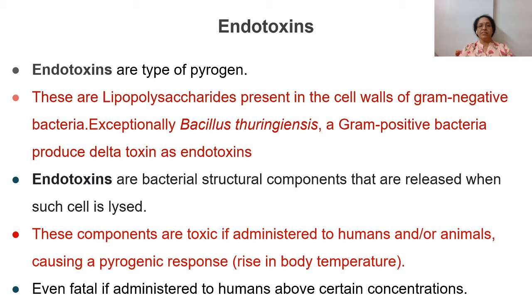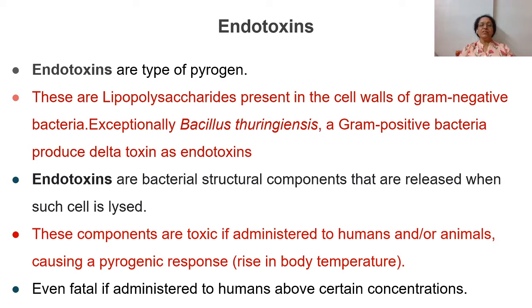bacterial cells. So when infection occurs in a human being by gram-negative organisms, after some time there is autolysis of these gram-negative organisms, and at that time these endotoxins are liberated, because of which the level of cytokines increases, and this is nothing but the appearance of a febrile illness in the patient.